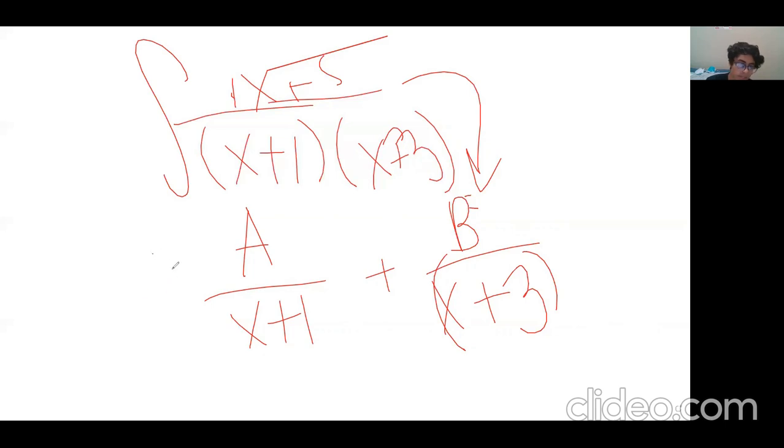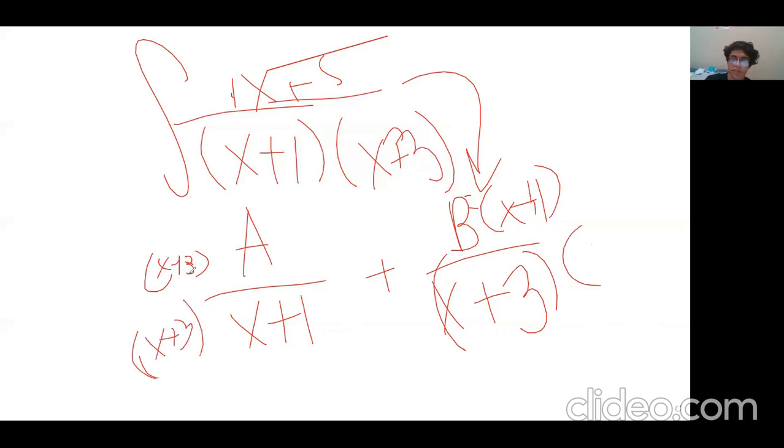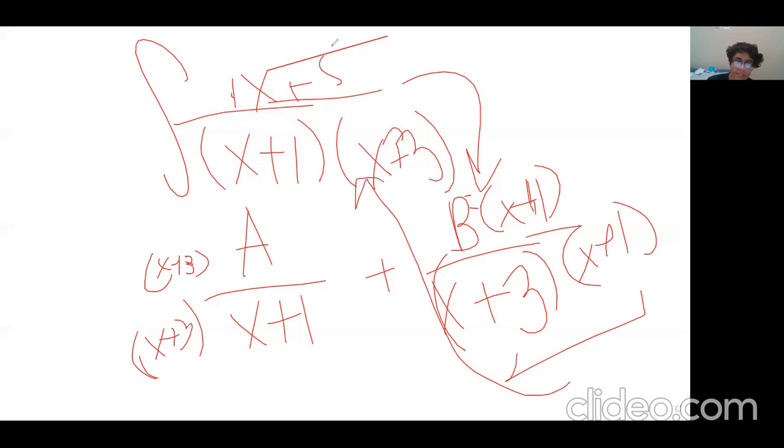So now when you multiply here by x plus 3 and here by x plus 1, and of course you have to multiply by 1, so this happens in the denominator as well. When you do this to produce this denominator, you're going to end up with something that looks like this.